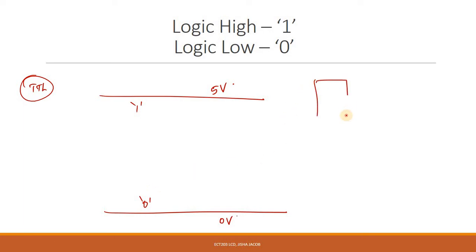If I take any device, when you produce a logic 1, suppose it is a TTL family, the logic 1 would mean 5 volts and the circuit is perfectly capable of producing a perfect 5 volts.